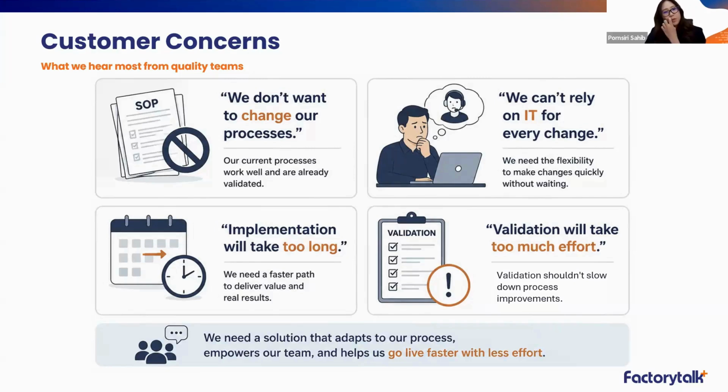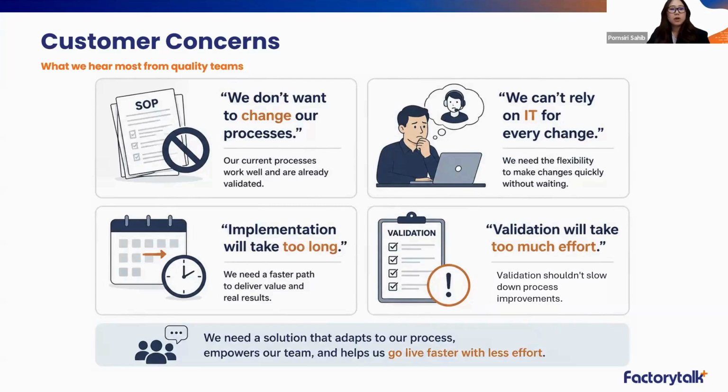The second concern is we can't rely on IT for every change. Quality processes evolve over time, right? A new SOP, a new regulatory requirement, or even a small improvement shouldn't require submitting an IT request or waiting for a development cycle. The business team or the SME needs the flexibility to adapt quickly while maintaining control, right?